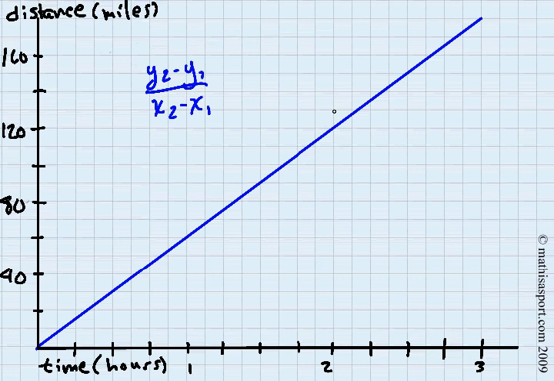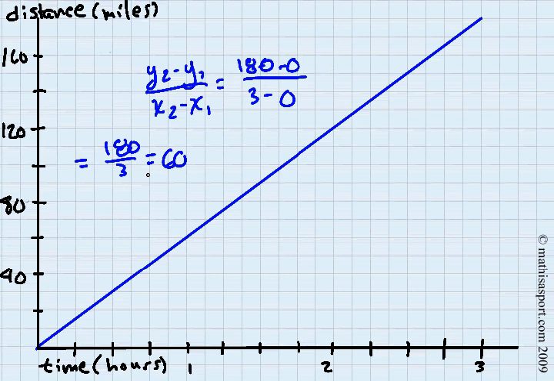And in this case, let's take our y2 to be 180 and our y1 to be 0. Then our x2 is 3 and our x1 is 0. So continuing that calculation, I just get 180 over 3, which comes out to 60. So I have a slope of 60.